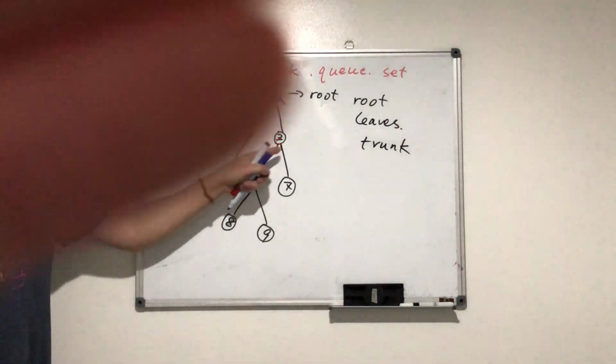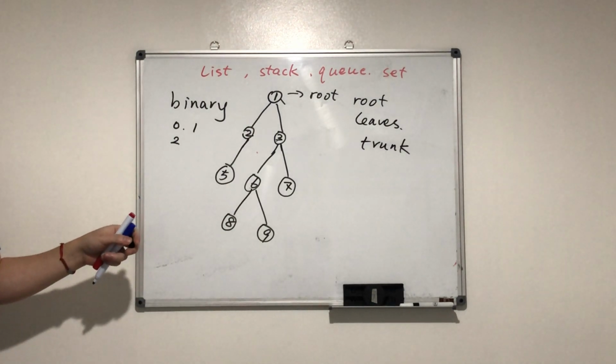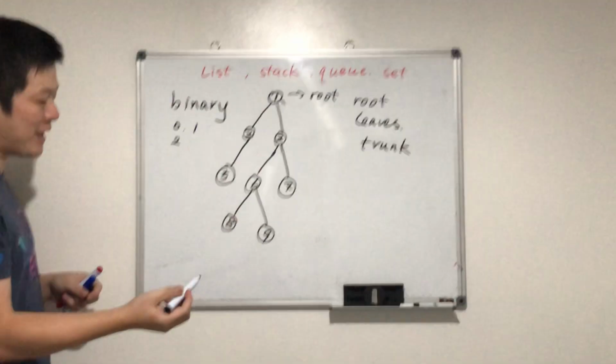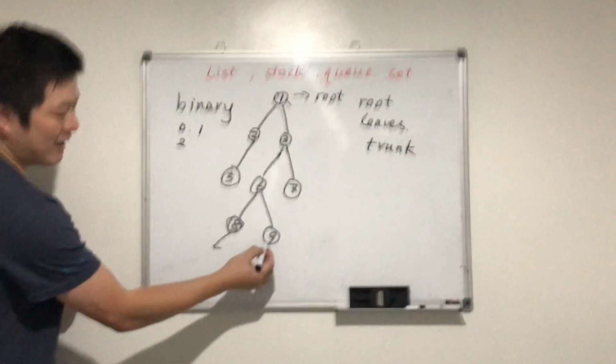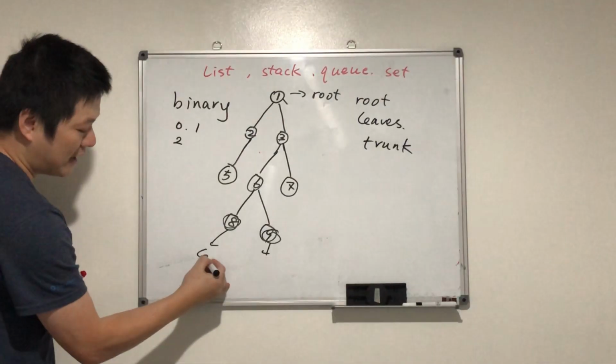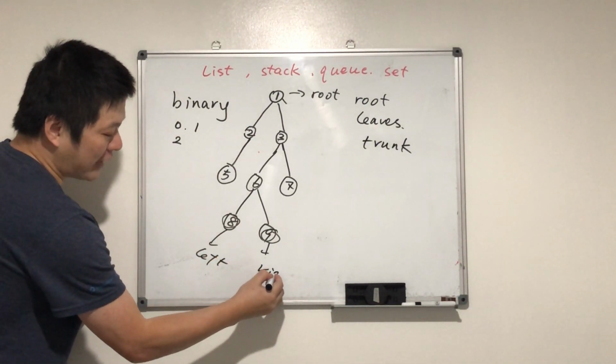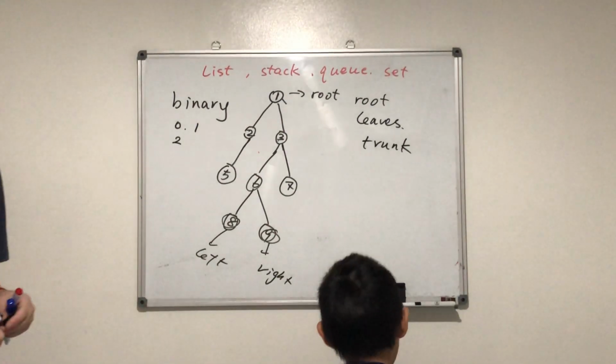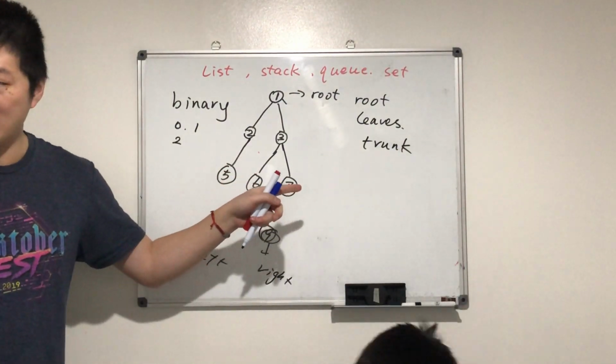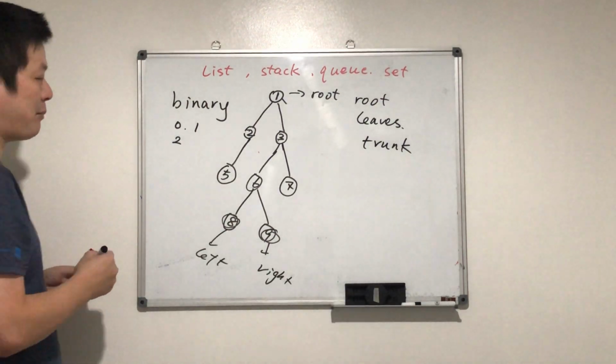So if it's a binary tree, we can call this the left child, and this the right child. This is very important, a binary tree.